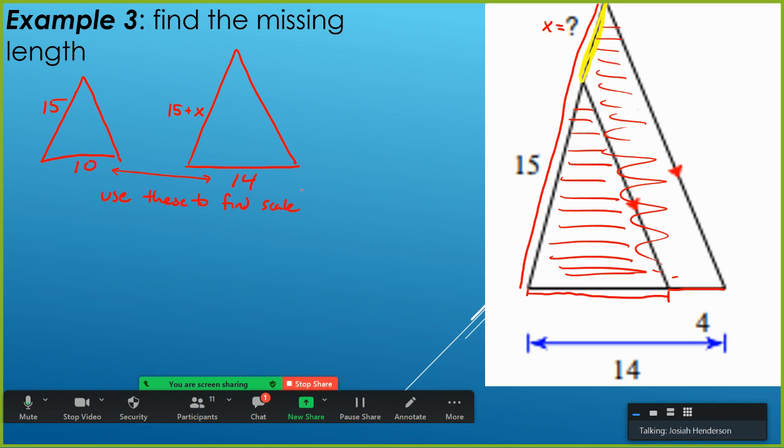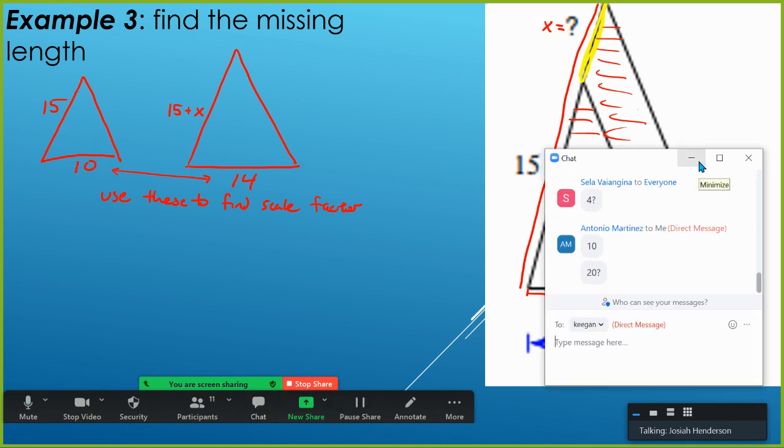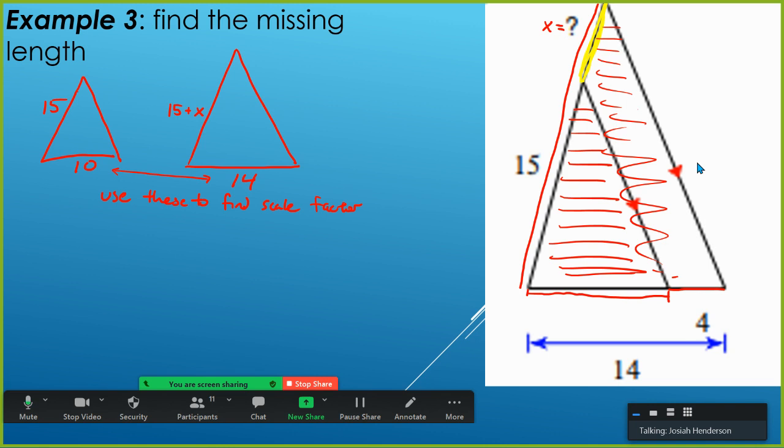And then we'll use the scale factor to figure out what they're multiplying by 15 to get 15 plus x. It might be 20, but I'm not sure yet. So let's go through this process and double check.